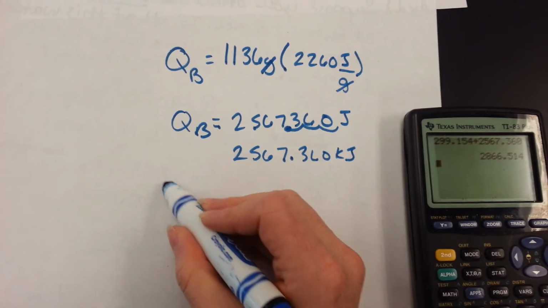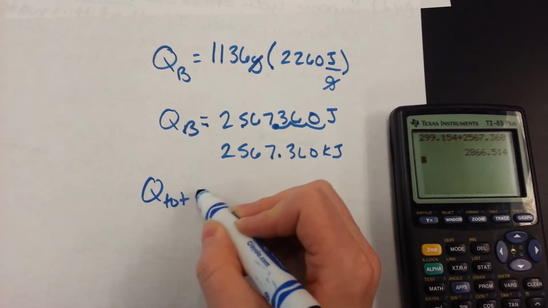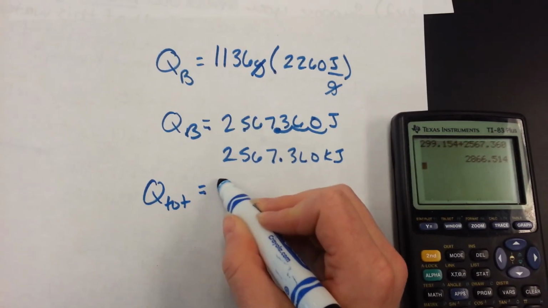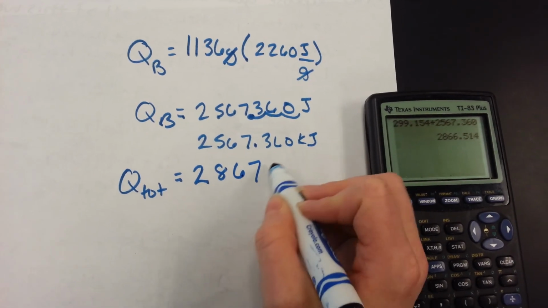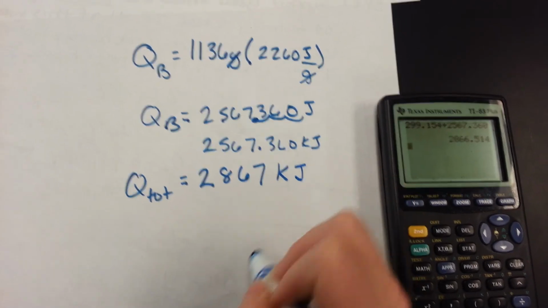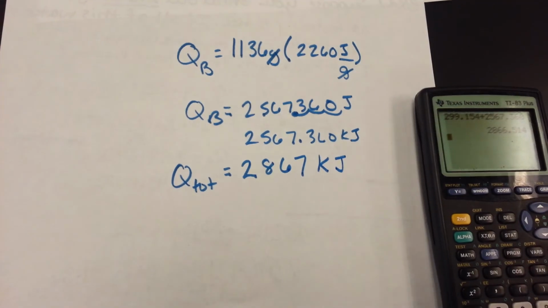And that comes out for a Q total of 2,867, go ahead and round to the whole number, kilojoules.